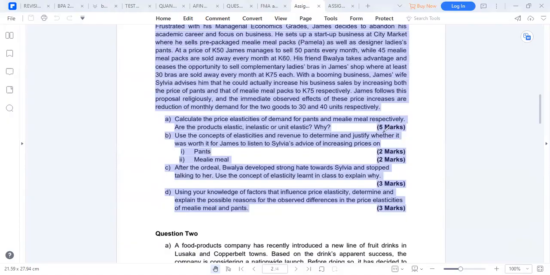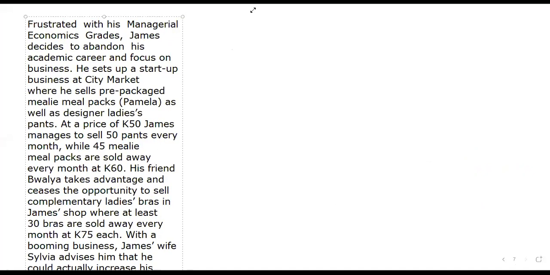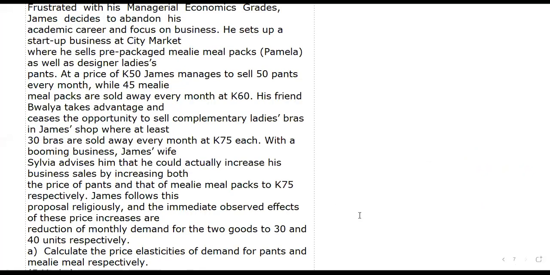So this is the question that we have. I need us now to understand the information that has been given. So what information do we have in here? Prices. Okay, so let's go to the pants.